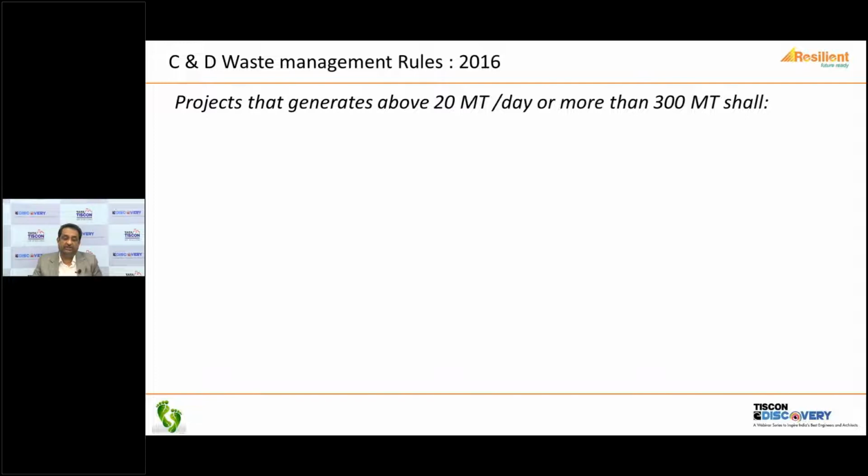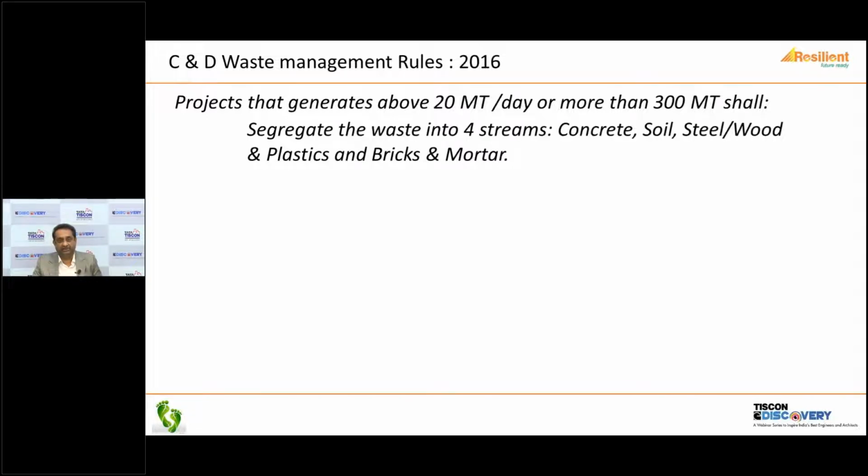So for any project that generates more than 20 metric ton per day or 300 metric ton in total, they should segregate the waste into 4 streams. That means they want to segregate all the waste at the site itself into concrete, soil, steel, wood and plastics, bricks and mortar.